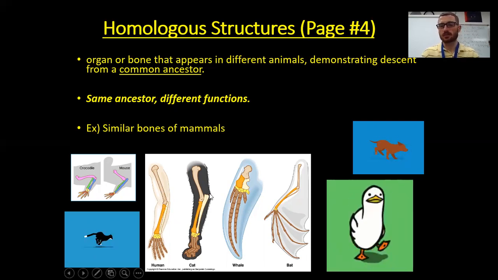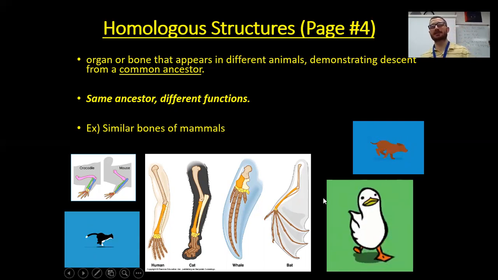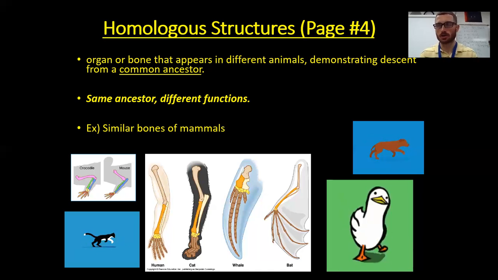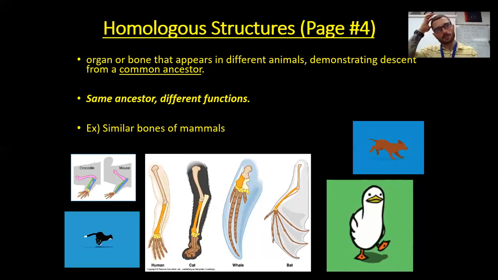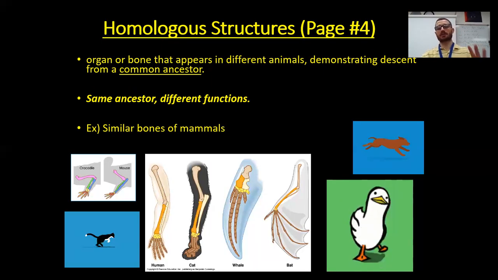The cat leg, running, movement. The whale fin for swimming. The bat wing for flying. So same ancestors, different function. Think of that in regards to mammals, right? Mammals.